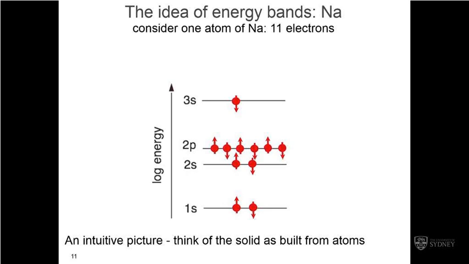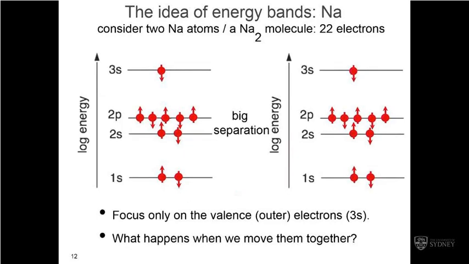You have your 11 electrons organized like that, okay? We've just considered 2 sodium atoms for a start, with a big separation. There's your one sodium atom and there's your other sodium atom. We're just going to focus on the outermost electrons.